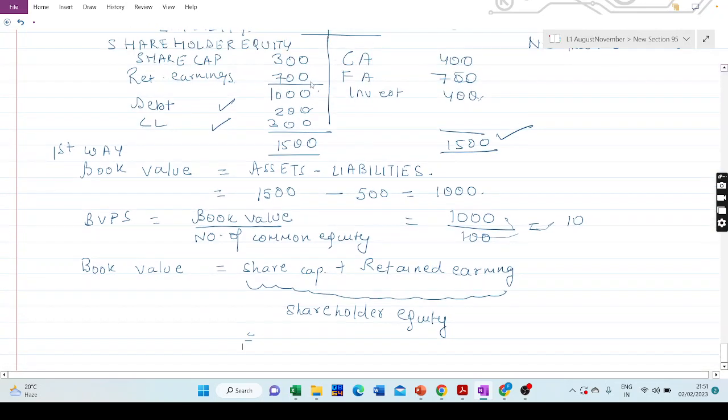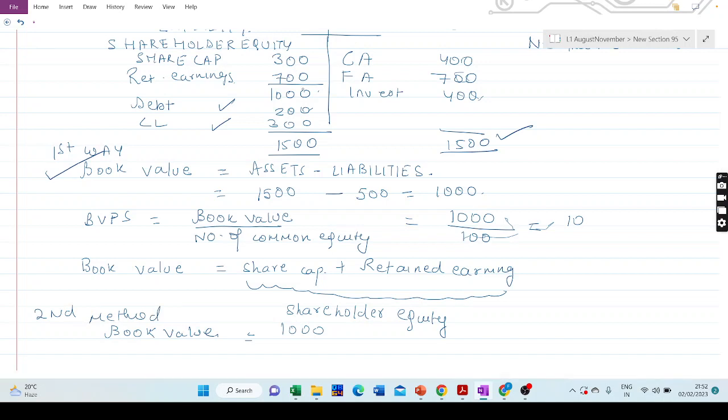Share capital plus retained earnings is 1000, so your book value is 1000. So we get the same result in the first and the second method. Whether you calculate book value as assets minus liabilities, or as shareholder equity, it will give you the same result.